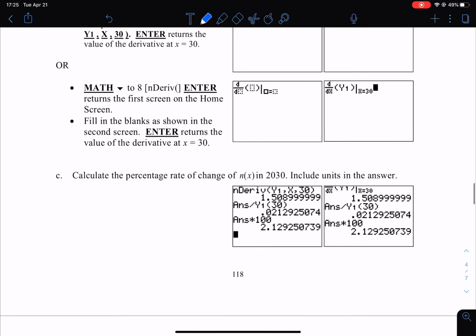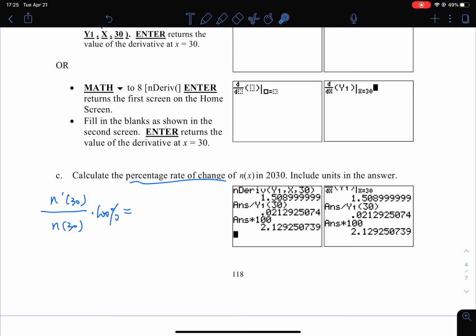And then this part, calculate the percentage rate of change. The formula for percentage rate of change is f prime of x, here n prime of 30, divided by f of x, which is n of 30, times 100%. And on the right side, you can see this one is the derivative n prime of 30.